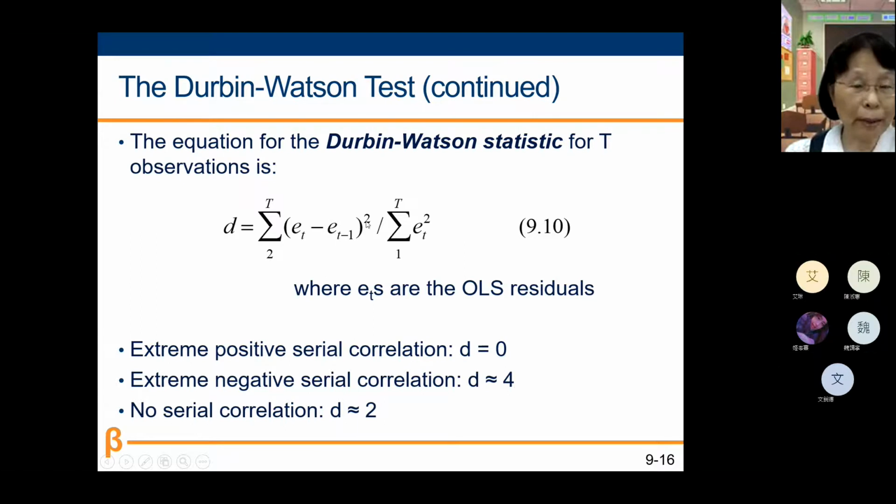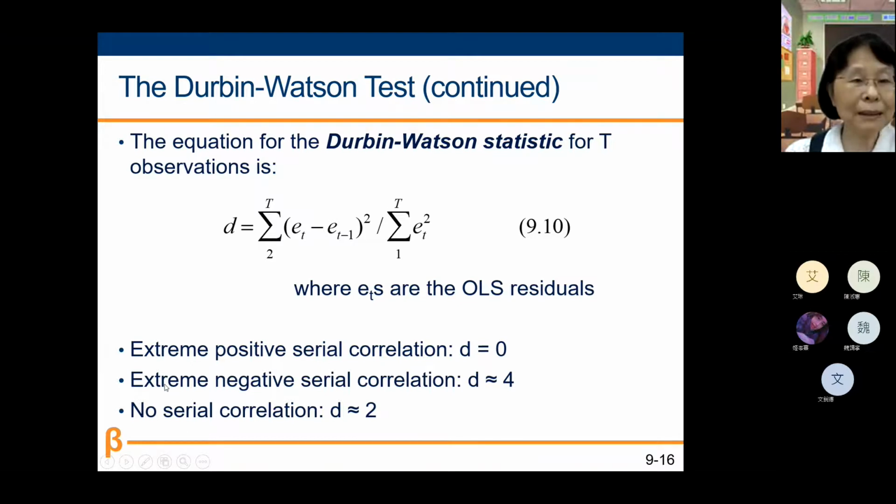Then you square it and add all of the observations starting from the second. Why do we start from the second? Because we need to have t minus 1 for the first observation. In other words, the numerator of this term will be very small. So for the extreme case, D will be very, very close to 0.